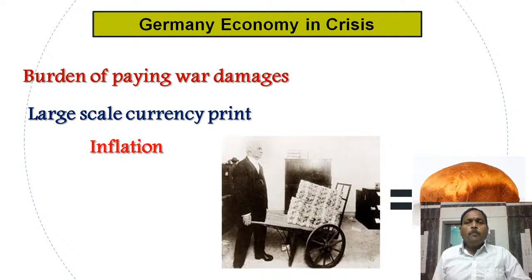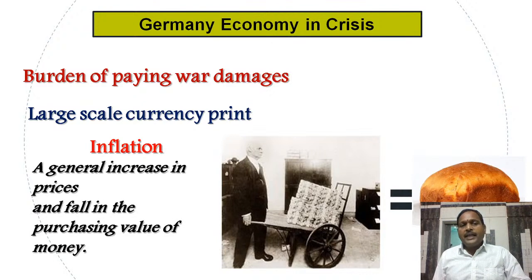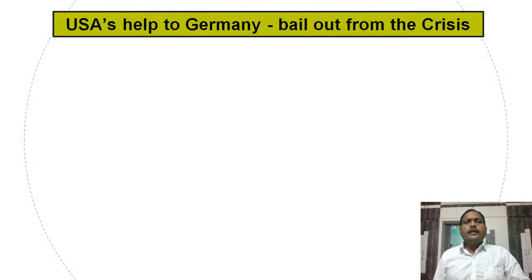That means to buy a loaf of bread, he has to give a cartload of money. So what you observe here is that the value of the money decreased and the price of bread went high. In other words, the fall in the purchasing value of money and the general increase of prices is known as inflation.